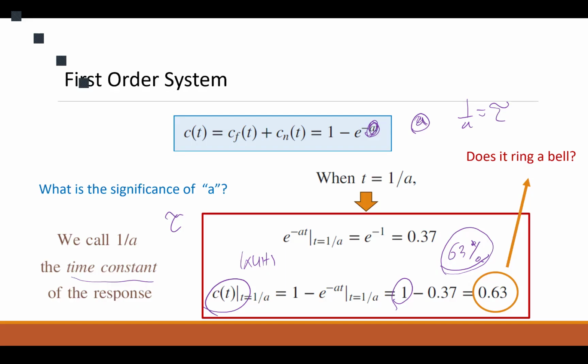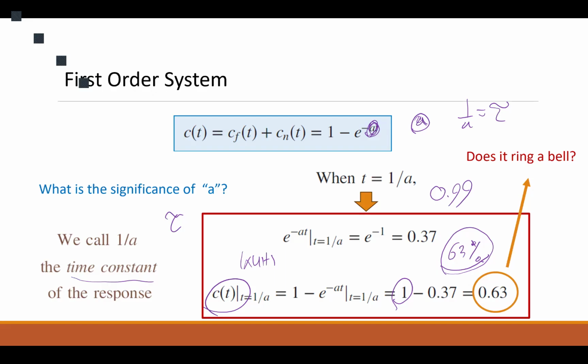Anyone was able to calculate that? Zero point 99. 99% of our final value. Are we good?